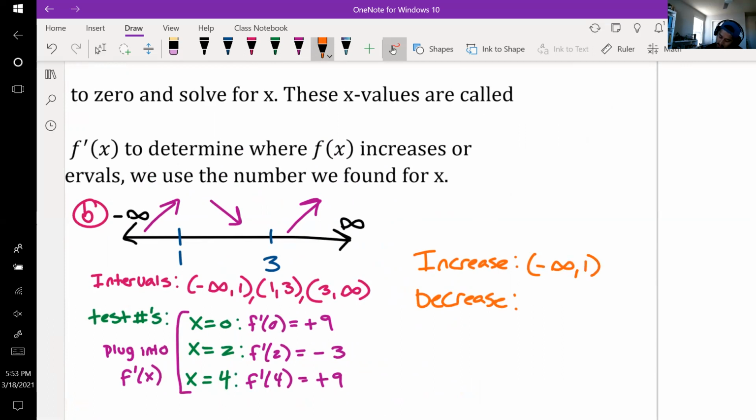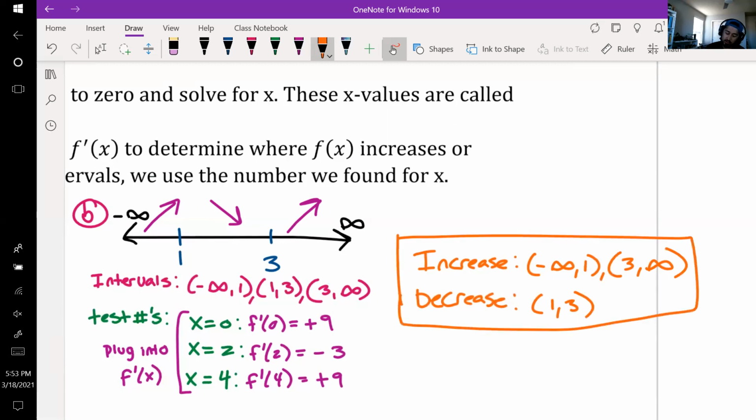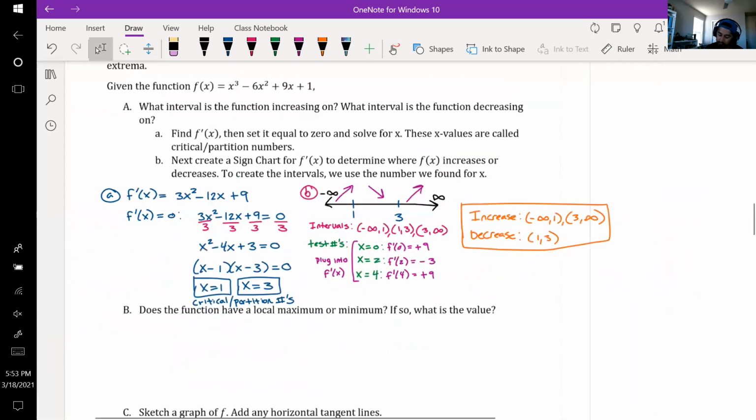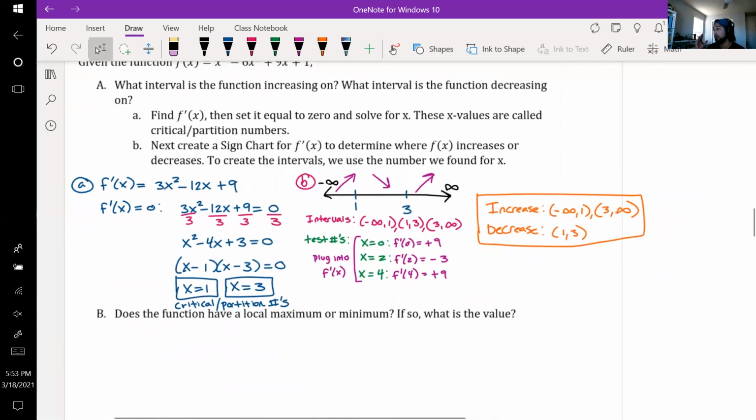There you go. That leaves my interval of decrease 1 to 3. There we go. That answers the first question. Everybody good with that?